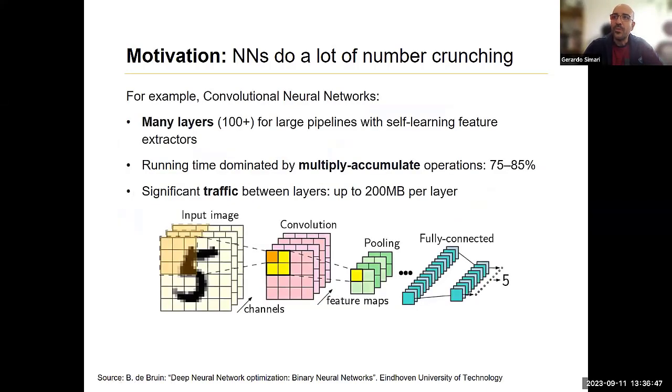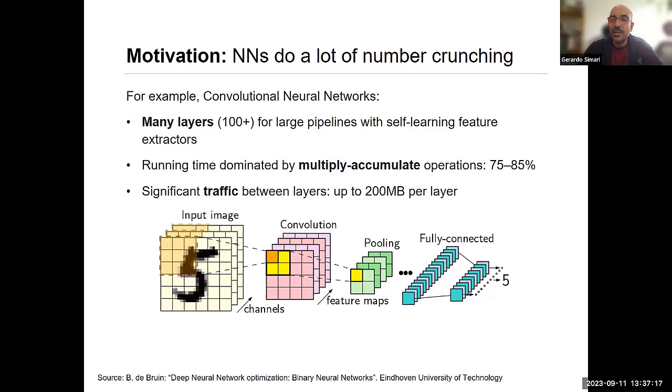So to realize what this means, really, let's stop for a minute and see all of the computations that go on in the model. So let's take CNNs, convolutional neural networks. They typically have many layers. They can have more than 100 easily for large pipelines, especially with self-learning feature extractors.